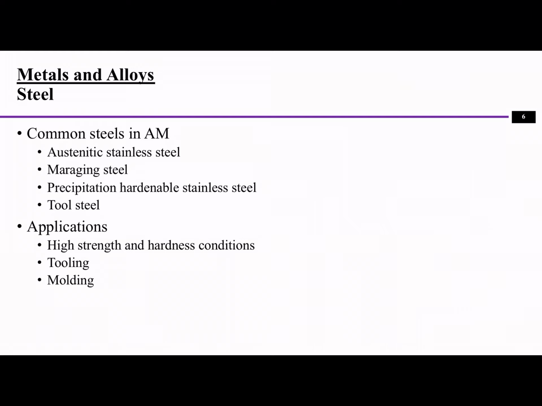And in terms of the steel versus the titanium, mainly titanium is lighter, and the steel will be a little bit heavier. So it depends on the application, right? So if you need applications with really high strength and hardness conditions, maybe steel will be a better option. And also you can use 3D printing to make toolings and also molds with steel as well.